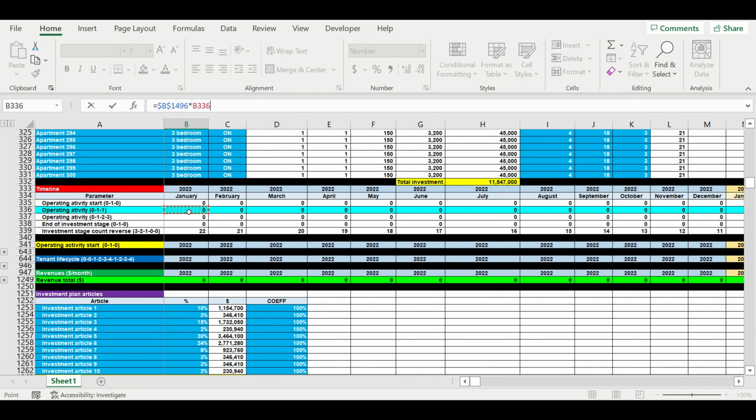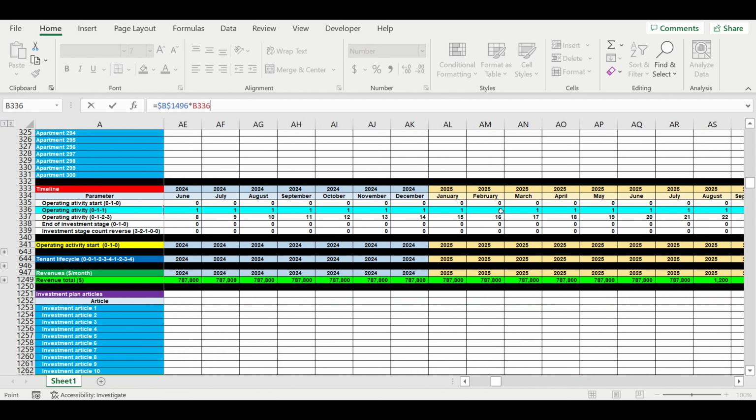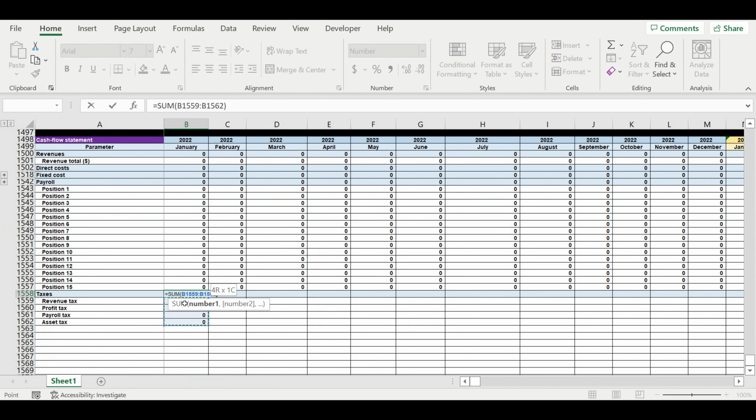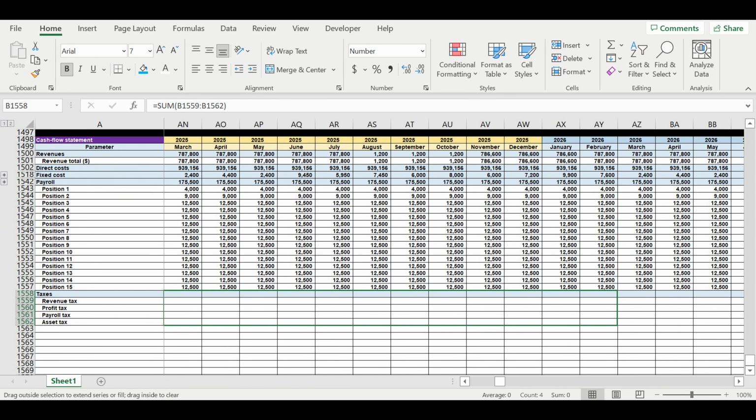Here it is. 0 means that we don't have operating activity, and 1 means we do have at this moment. So now we are creating totals for the taxes.